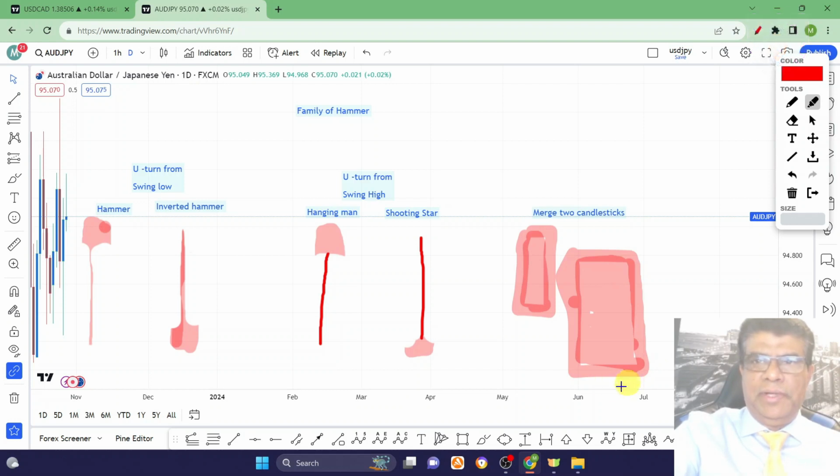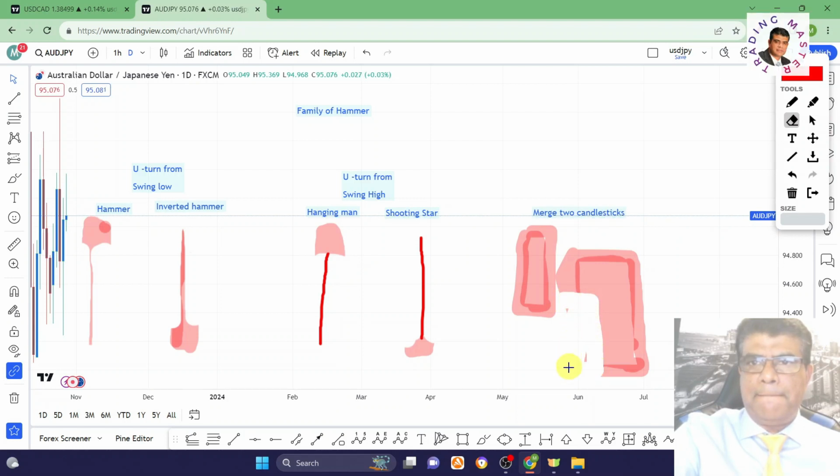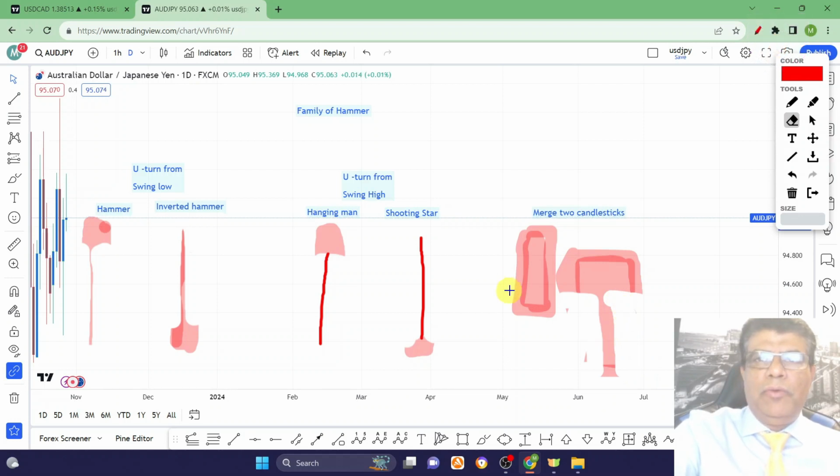The stock initially started here and then went down. Now if I combine, if I bring this one here, as you can see, it is almost like a hammer.